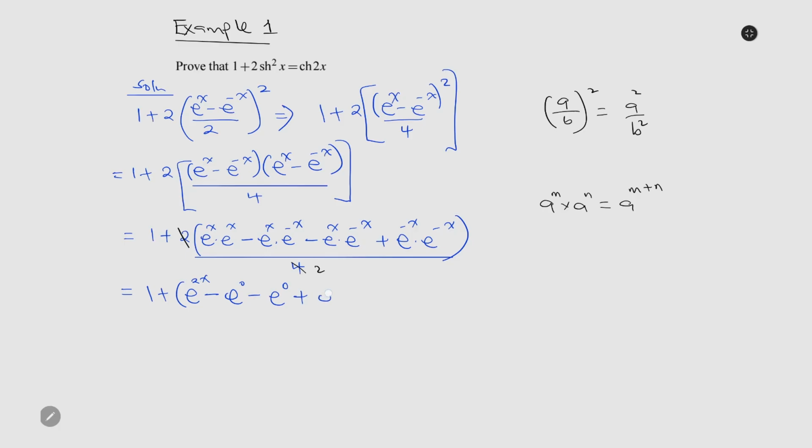So I will have e to the minus 2x over 2, or I can do away with the brackets first, say over 2.